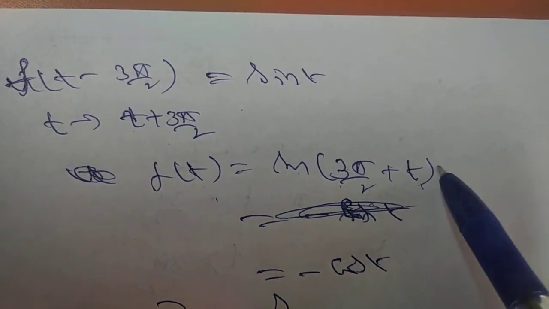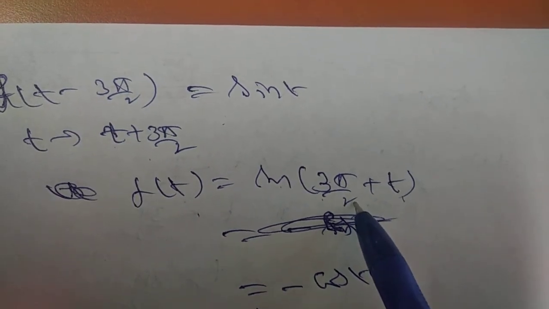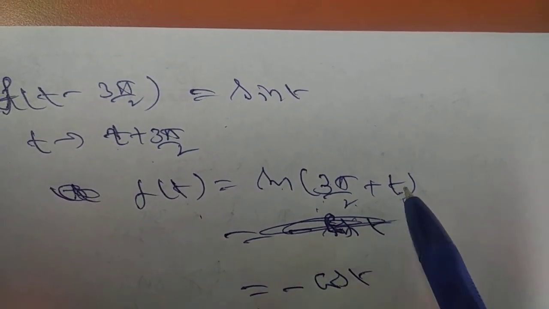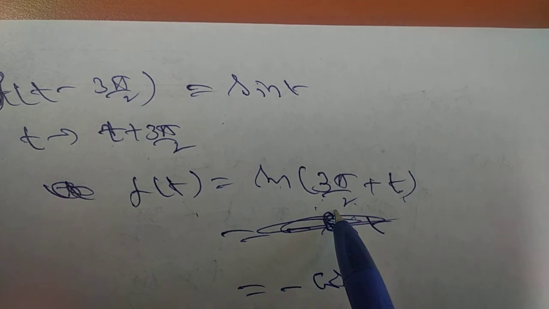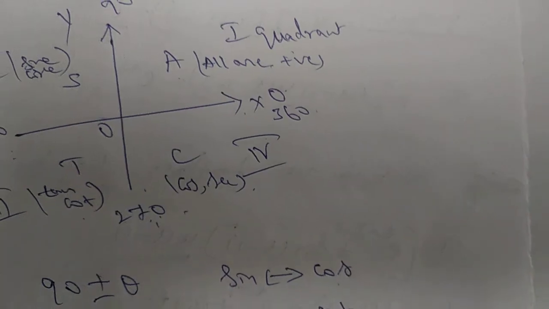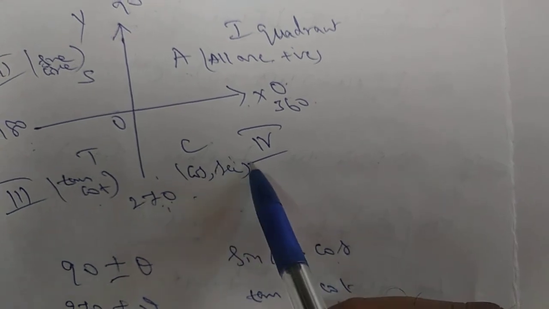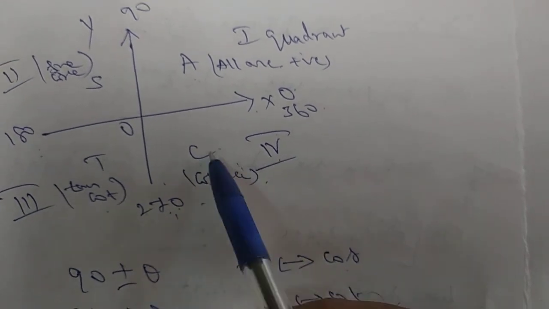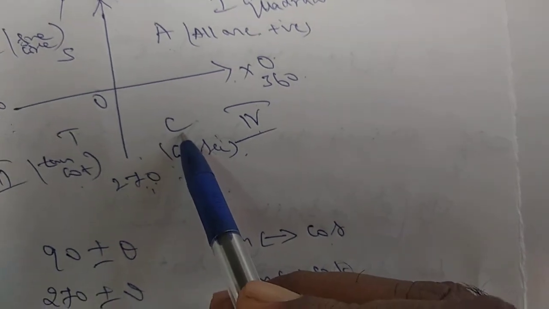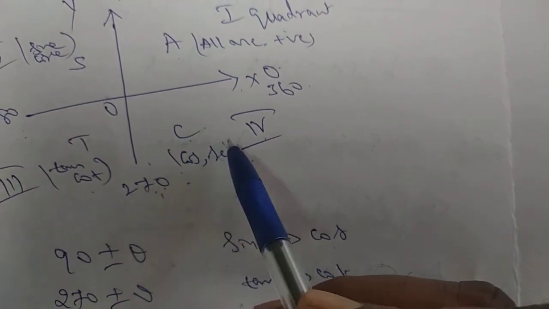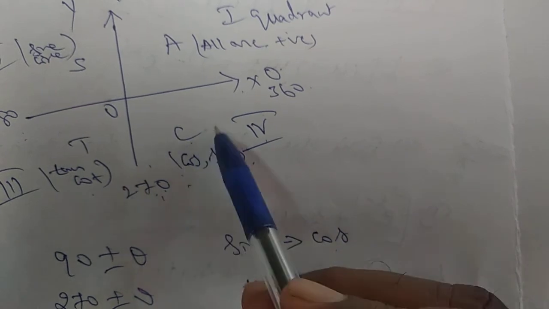So 3 pi by 2 means 270. So 270 plus theta, which quadrant does it come in? 270 plus theta means this is the fourth quadrant. In the fourth quadrant, cos and secant are positive. But here it is sin of 270 plus theta, so sin does not stay sin in the fourth quadrant.